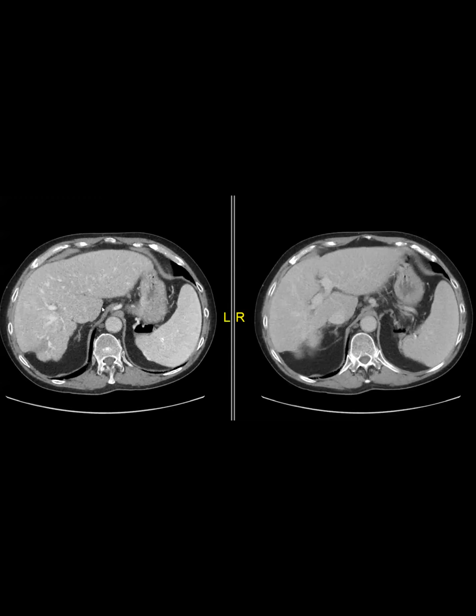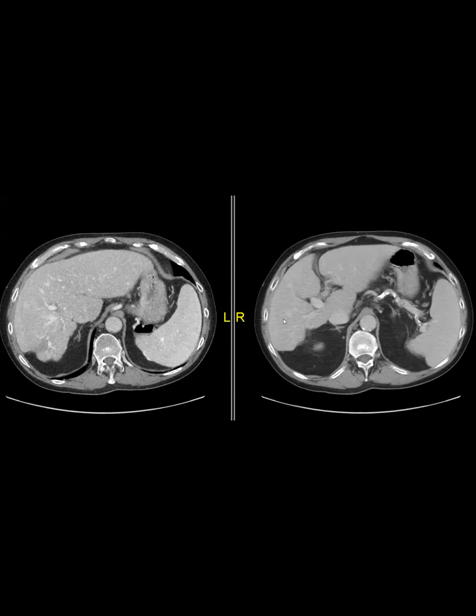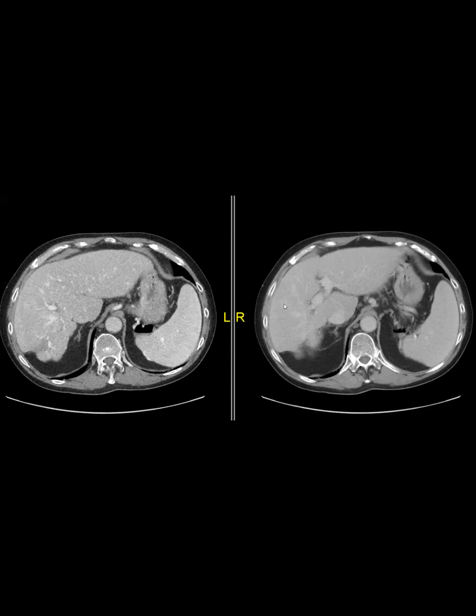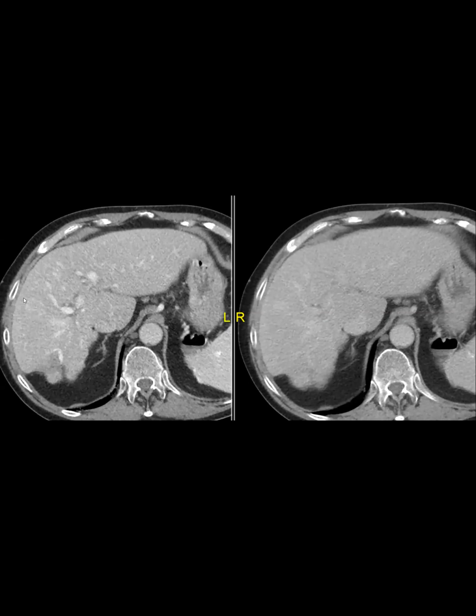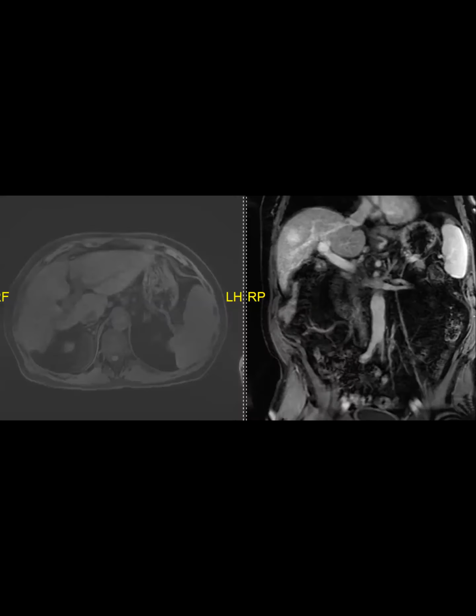Here it is on the portal venous phase. It becomes more or less iso, as it does here on the delayed phase. And we did have access to the prior MR. Give me one second, I'll show it to you. So this was the arterial phase, the contrast images.